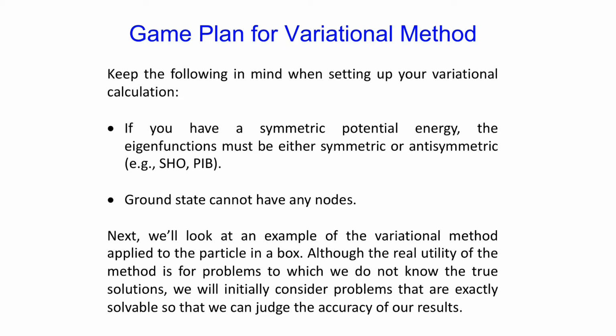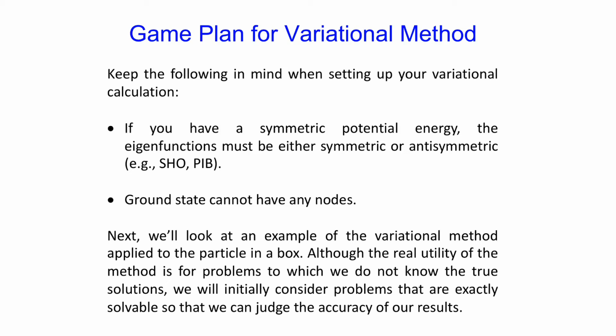Okay, so the last couple things to keep in mind in doing a variational calculation is that if you have a symmetric potential energy, which is the case with our hydrogen atom or helium atom, most of the atoms that we're going to be looking at here, the eigenfunctions have to be either symmetric or antisymmetric, which if you look back at our harmonic oscillator or particle in a box wave functions, those were both examples of symmetric and antisymmetric wave functions.